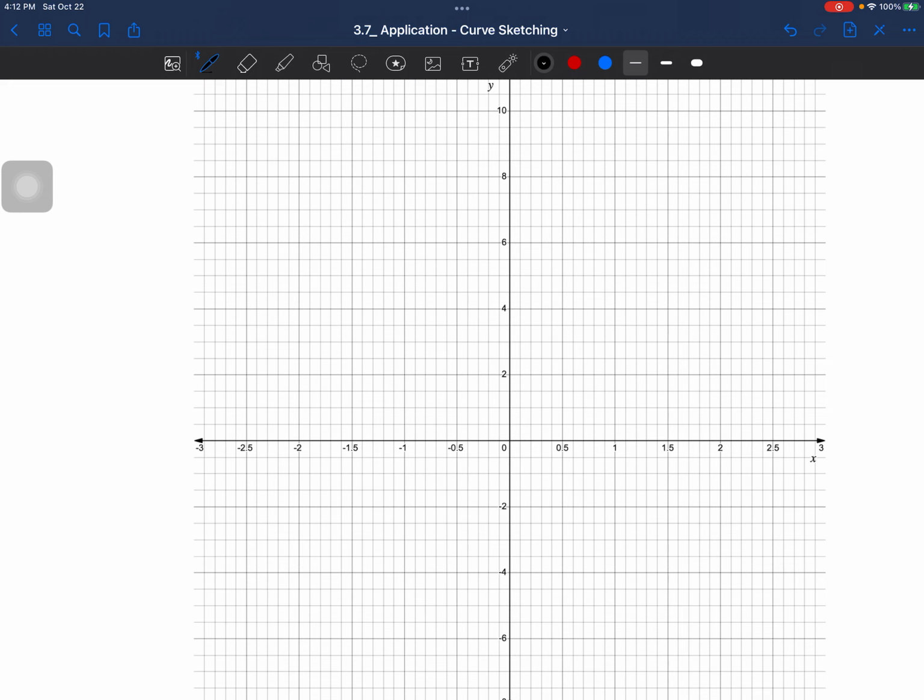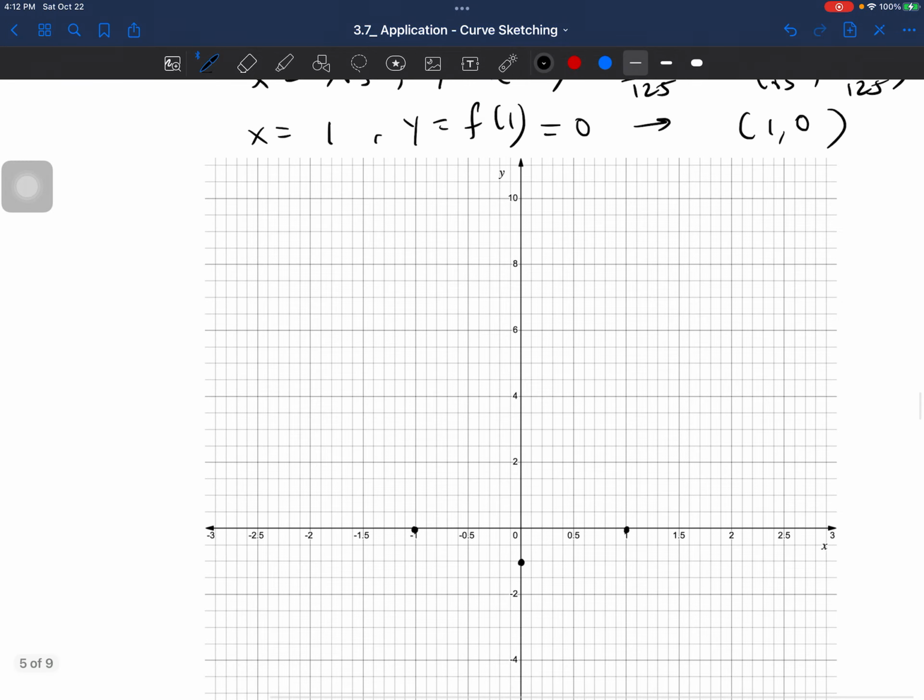Now it's time for us to plot it into our sketch. So looking back, what we have here is negative 1, 0, and positive 1, 0. We have 0, negative 1 right there.